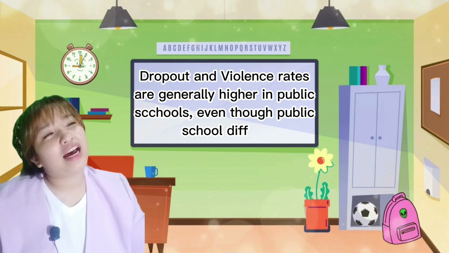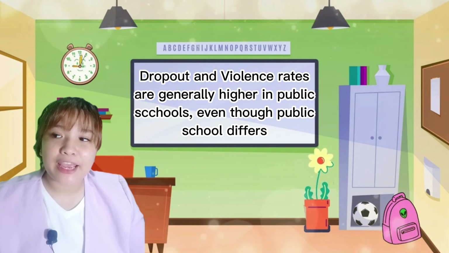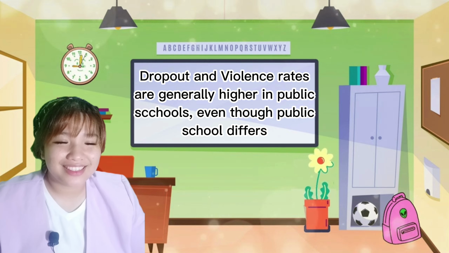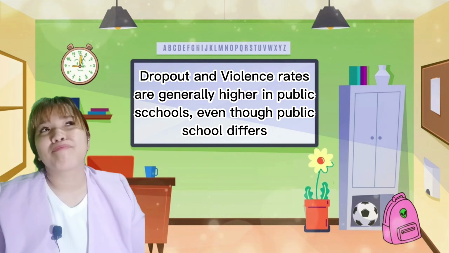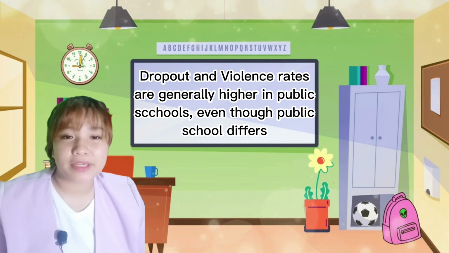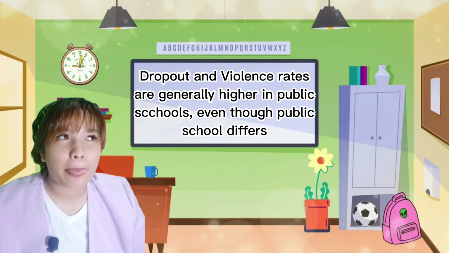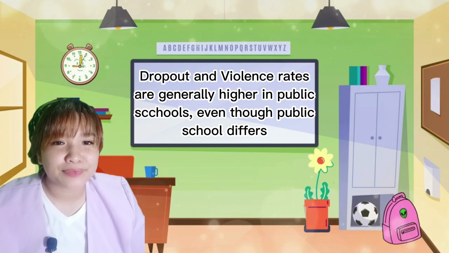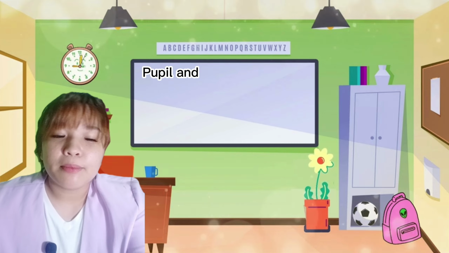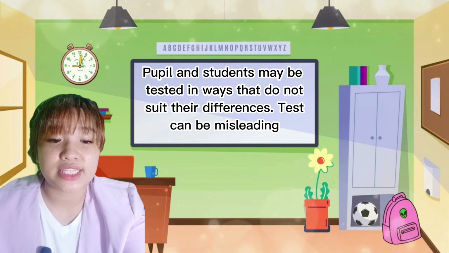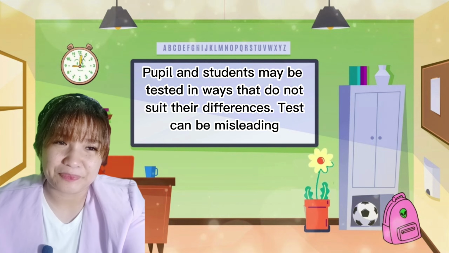Of course, public schools have really high criminal records, violence records, and dropouts. I will give you some examples: usage of drugs, bullying, fist fights with each other and such. Pupils and students may be tested in ways that do not suit their differences, so tests can be misleading.